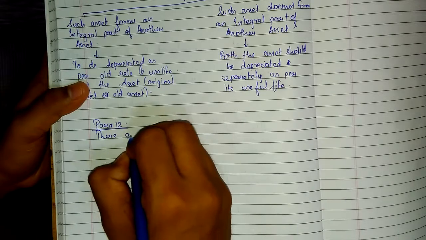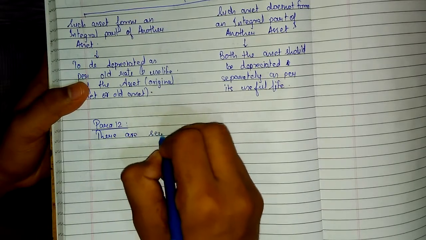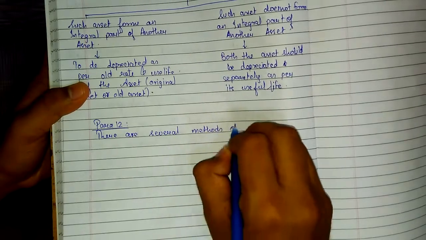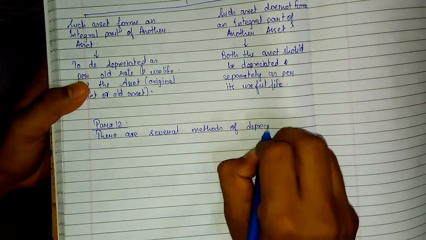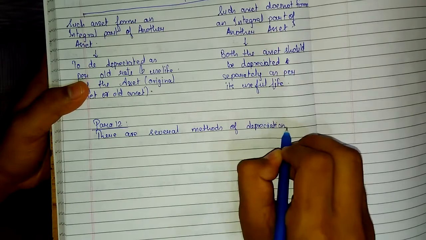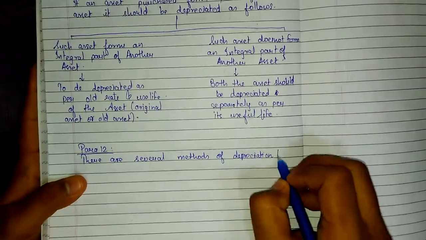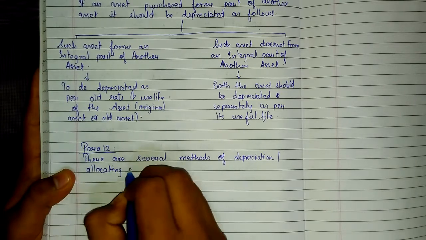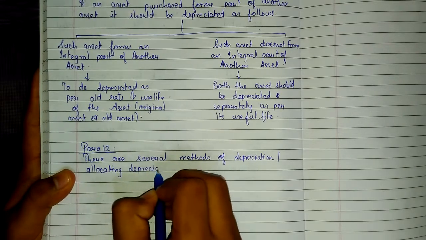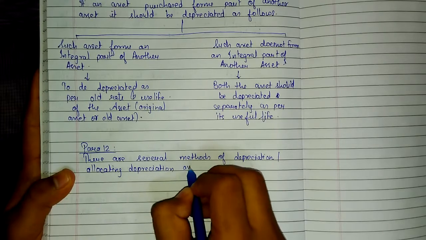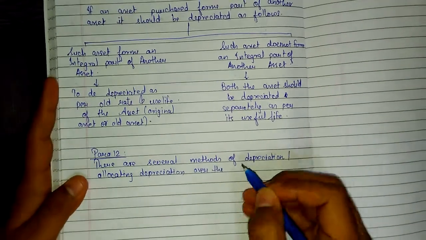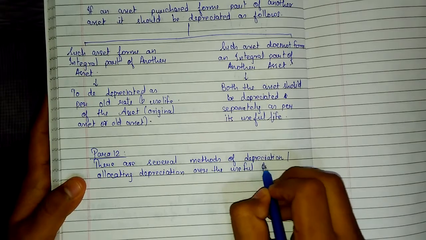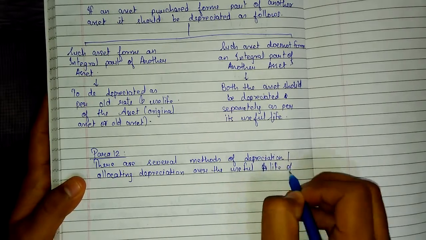There are several methods of depreciation, or methods of allocating depreciation over the useful life of the asset.